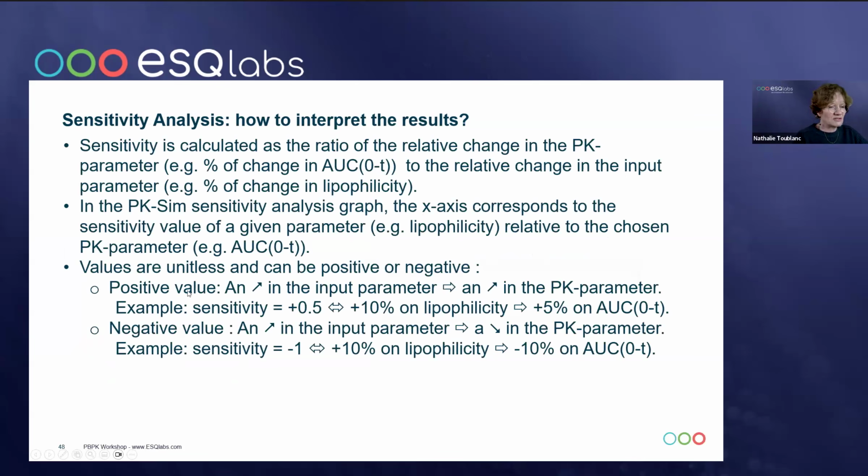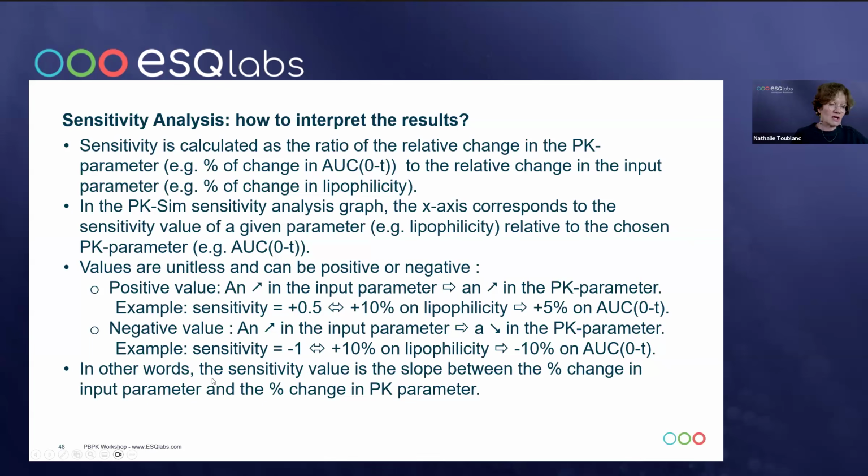If you've got a positive value, it means that the change in the input parameter will go in the same direction as the change in your PK parameter, whereas if it's negative, it's going to go in the opposite direction. Another way to see that is that the sensitivity value is the slope between the percent change in your input parameter, so in our case the lipophilicity, and the percentage change in the PK parameter.